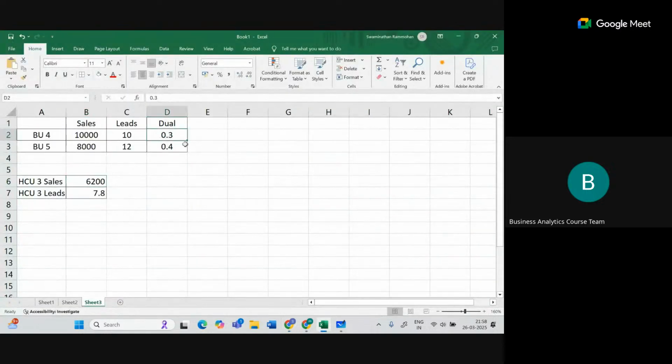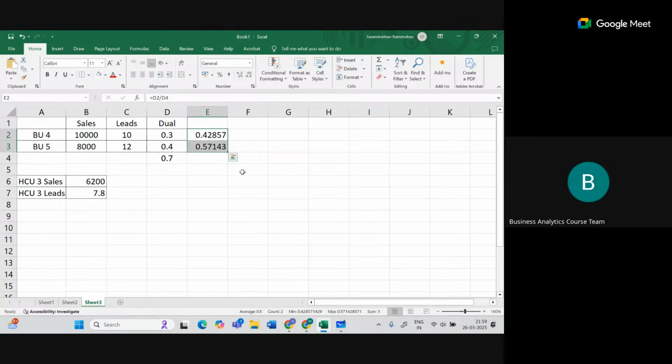So now what we have to do is divide, or normalize. If you add up 0.3 and 0.4, it is only 0.7. So we divide 0.3 by 0.7, and similarly 0.4 by 0.7. We are normalizing.